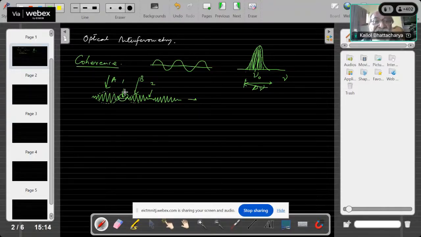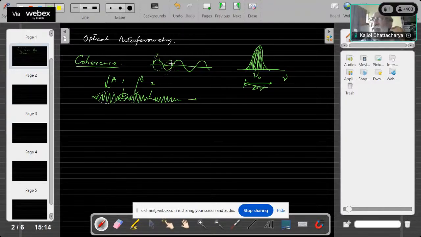Now what happens if the phase changes randomly at a very fast rate? Suppose the phase at some instant is pi, okay, you get a dark fringe. At the next instant, it's a multiple of 2 pi, you get a bright fringe.